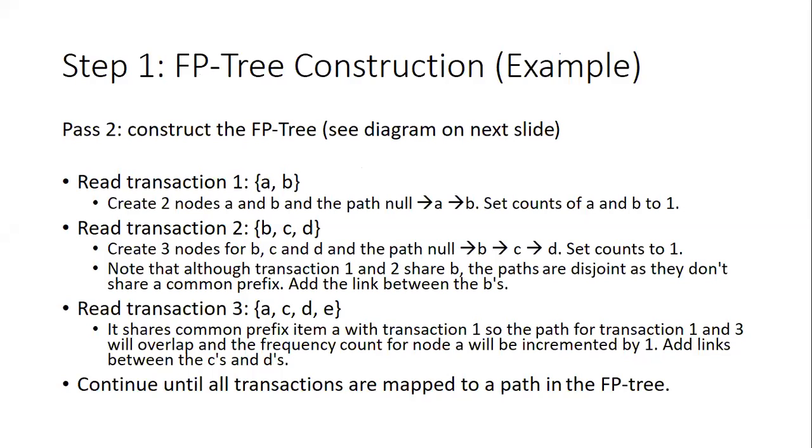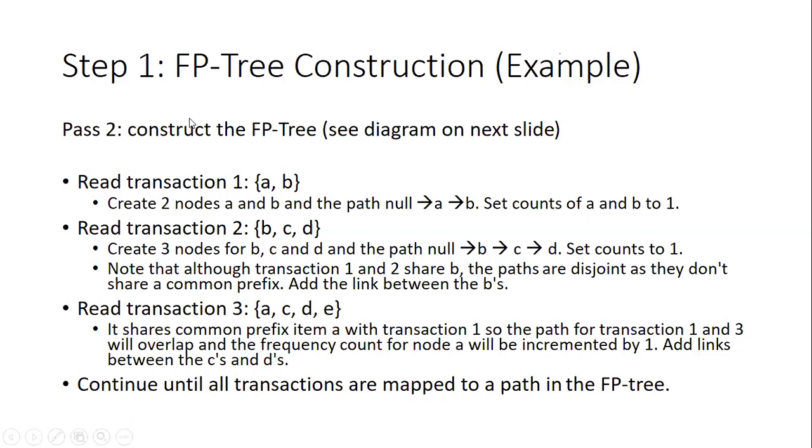We will see the diagram in the next slide. In the previous pass, we scanned the database, took the support count of each item, and arranged them in descending order, so that we will always get the common prefix, and it will be easy to construct the tree.